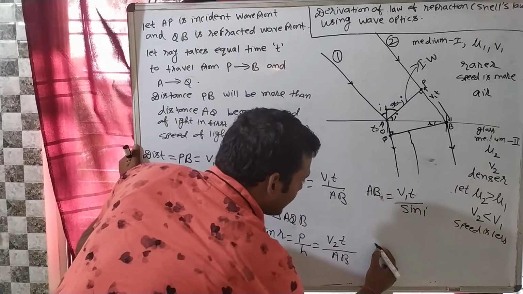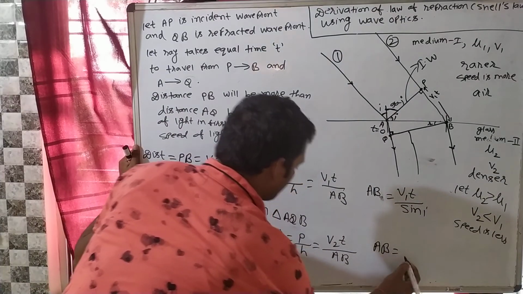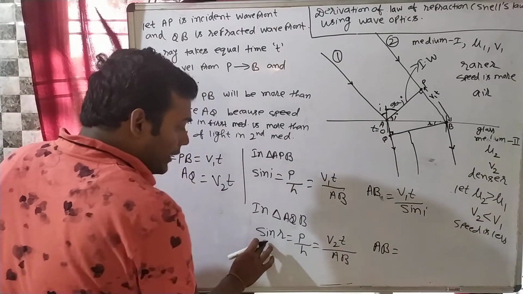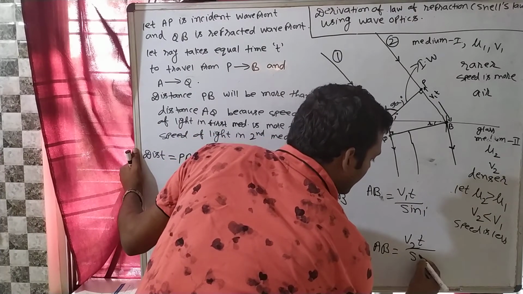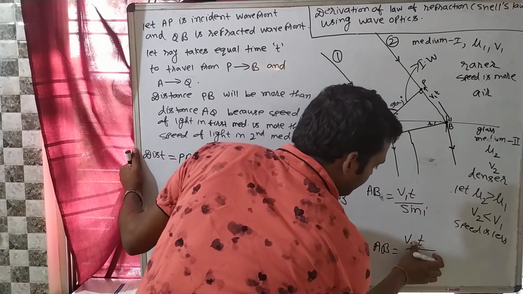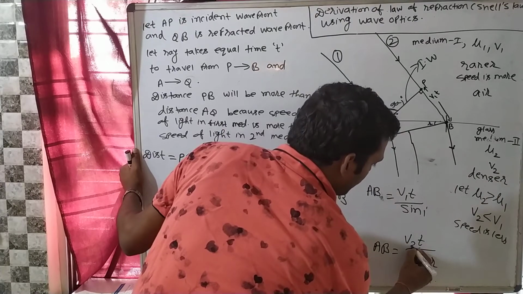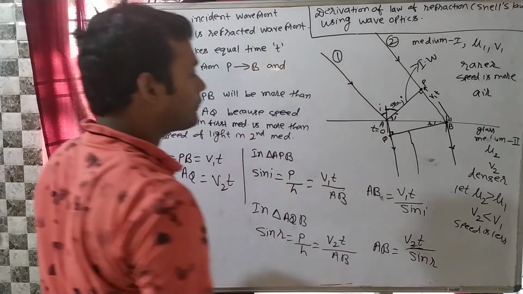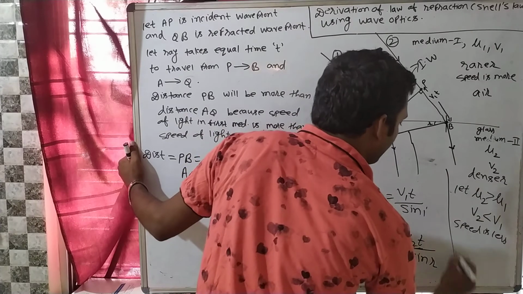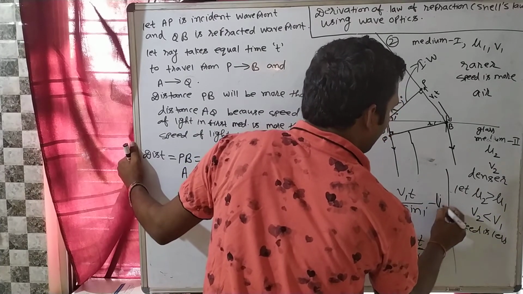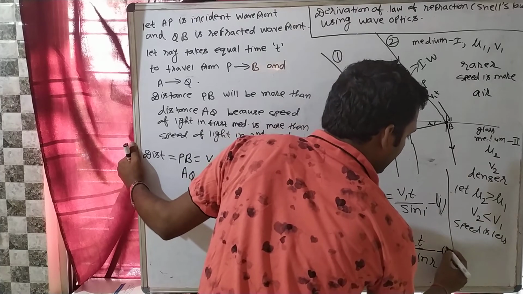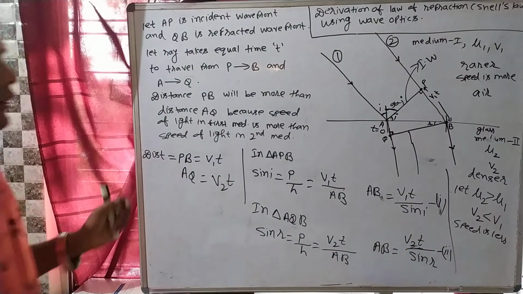Here can we write that AB is equal to V2T by sin R? Any confusion up to this? Let's say this is our first equation, and let's say this is our second equation.